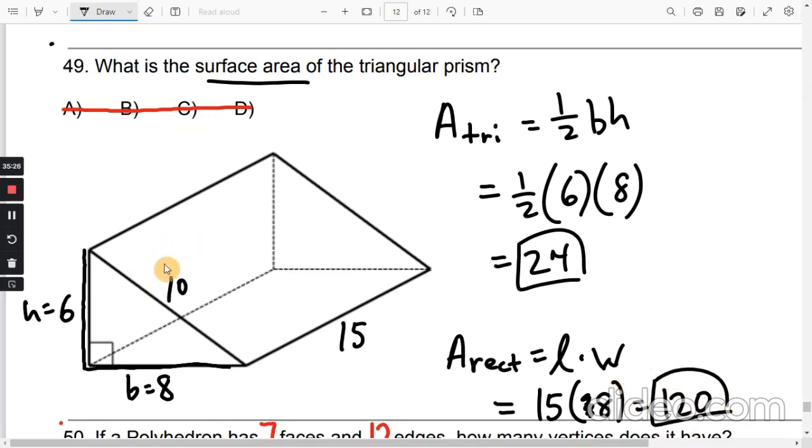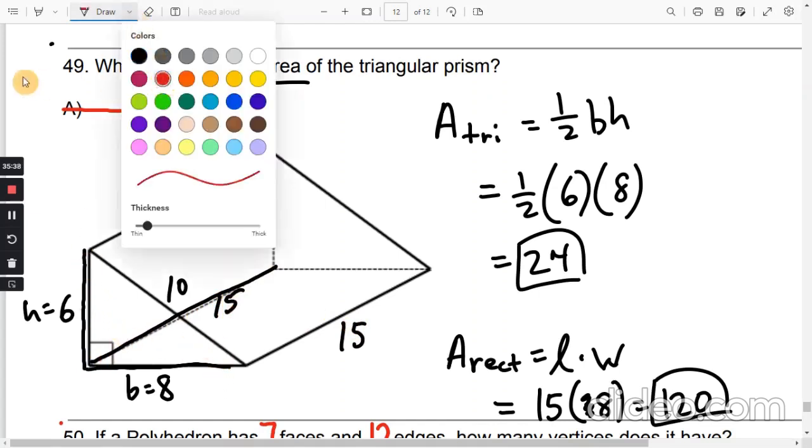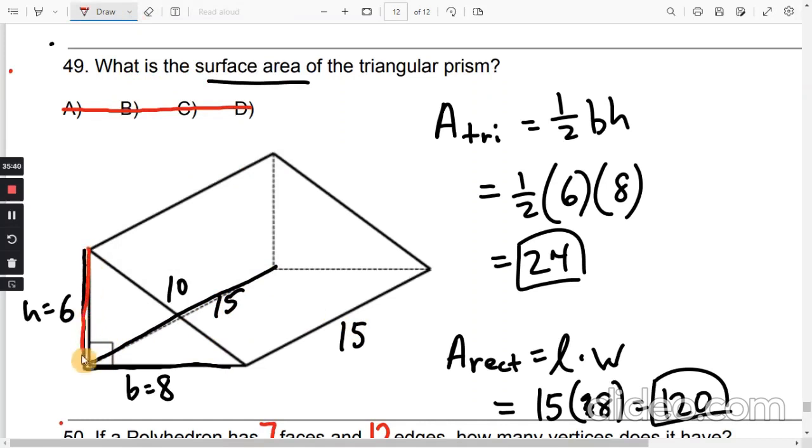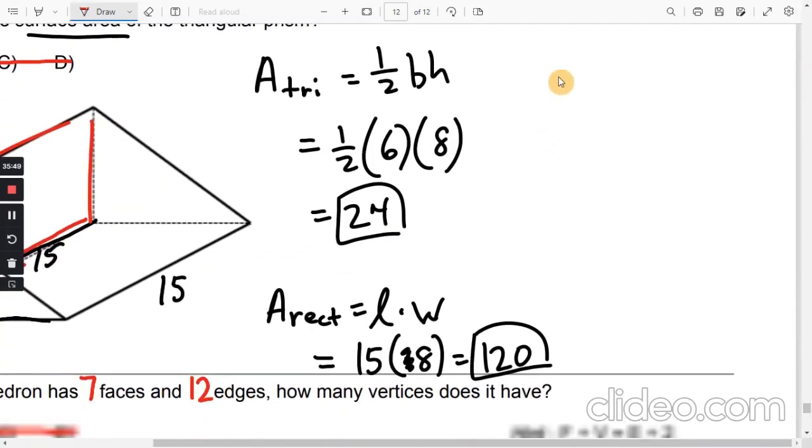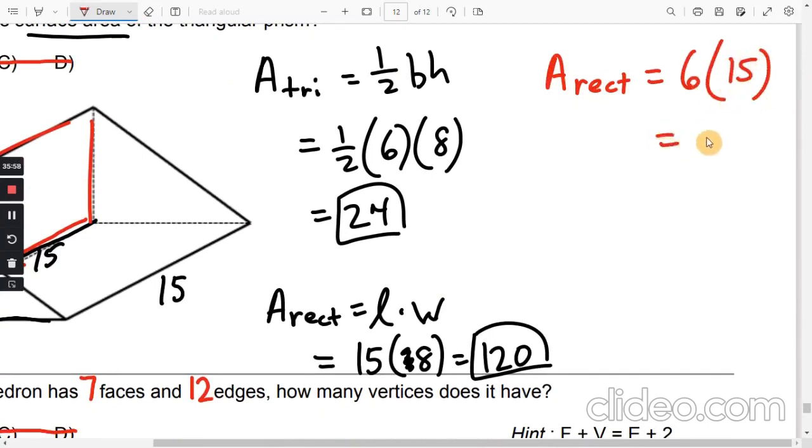And this rectangle right here, we see this distance is 15. And let me do it in a different color. We're doing this rectangle right here. All right, so that's going to be 6 times 15. And that just equals 90.